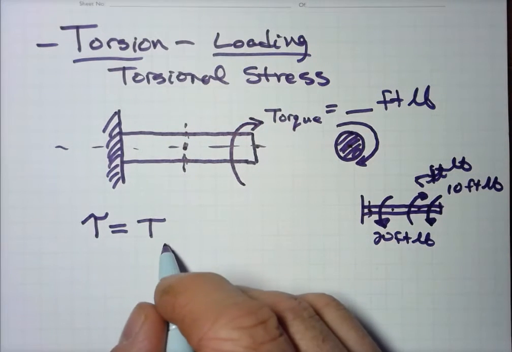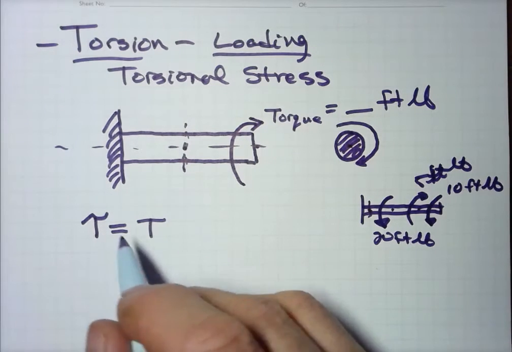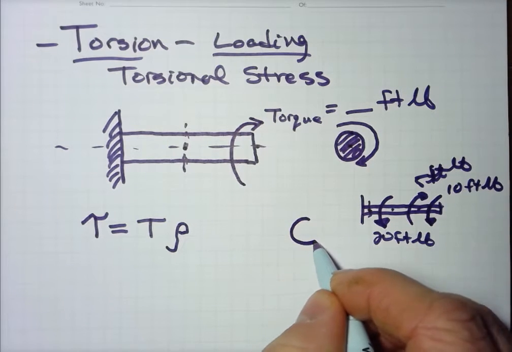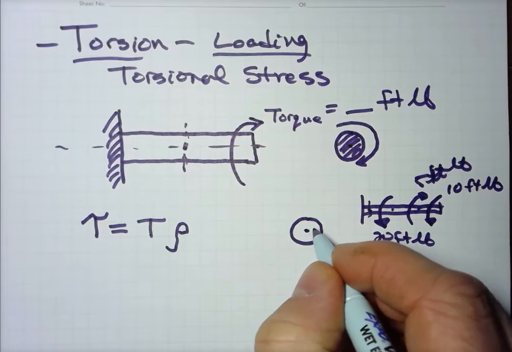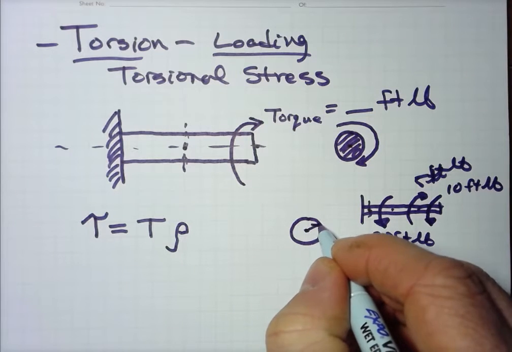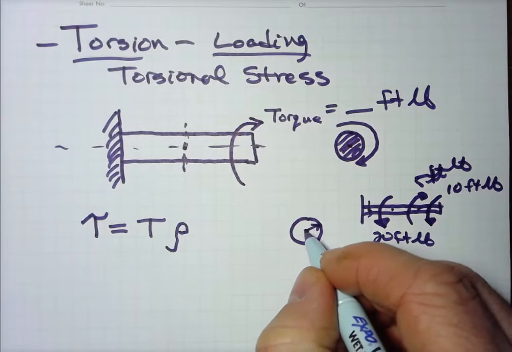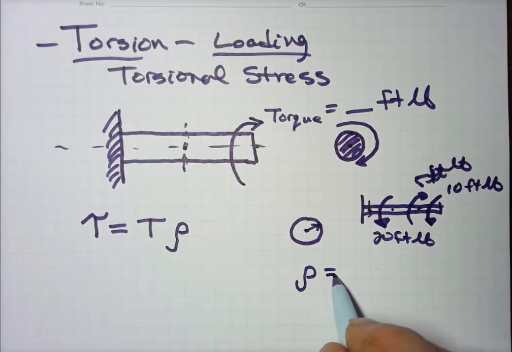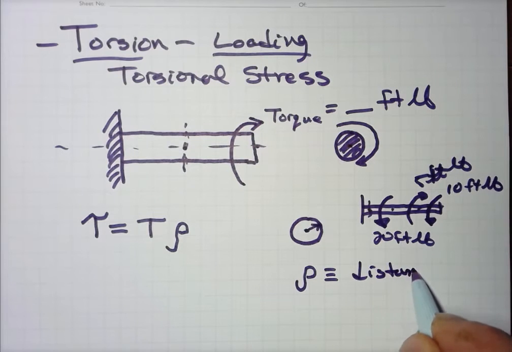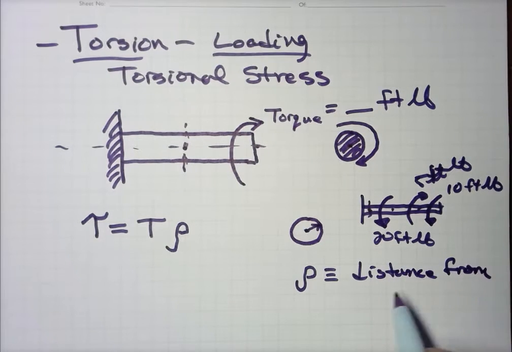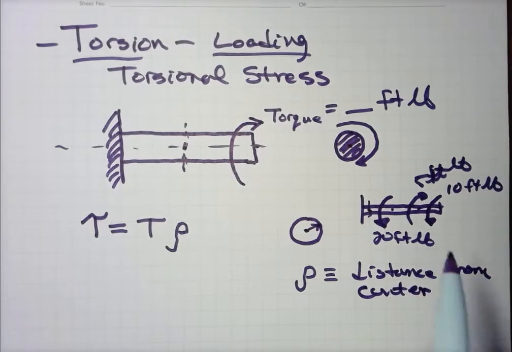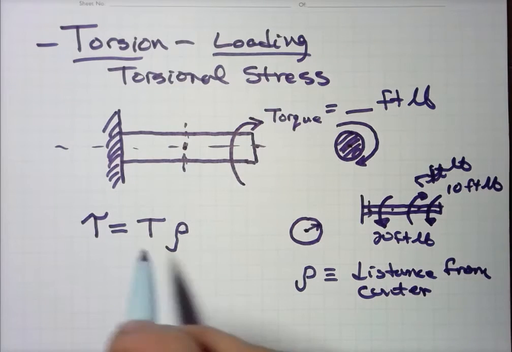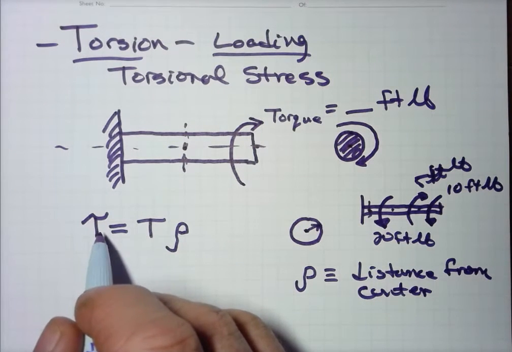The next thing that the shear stress depends on is location in the cross section. And we use the symbol rho for distance from the center. So in the center of a cross section, rho is 0, so the shear stress is 0.